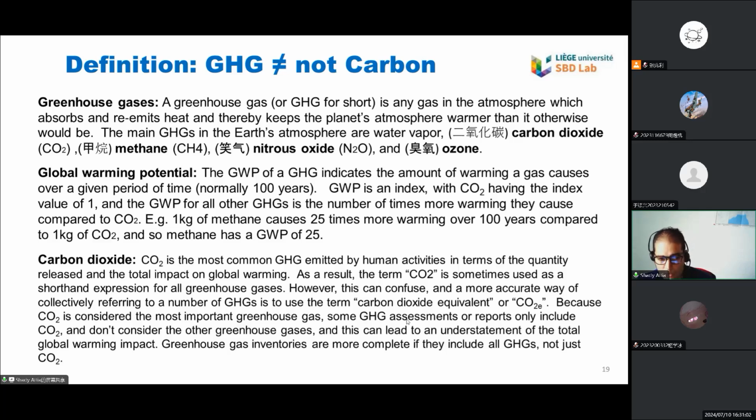Because when we say CO2, it's considered the most important greenhouse gas, but some greenhouse gas assessments or reports only include CO2, and this is not right. They don't consider the other greenhouse gases, and this can lead to an understatement of the total global warming impact. So greenhouse gas inventories are more complete if we include the term GHG, or greenhouse gas emissions, not only CO2 or carbon dioxide.